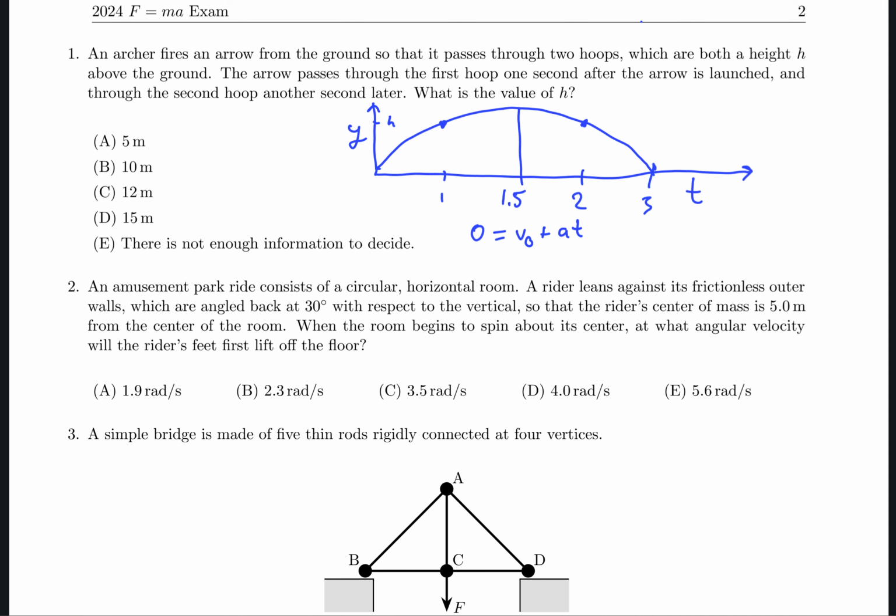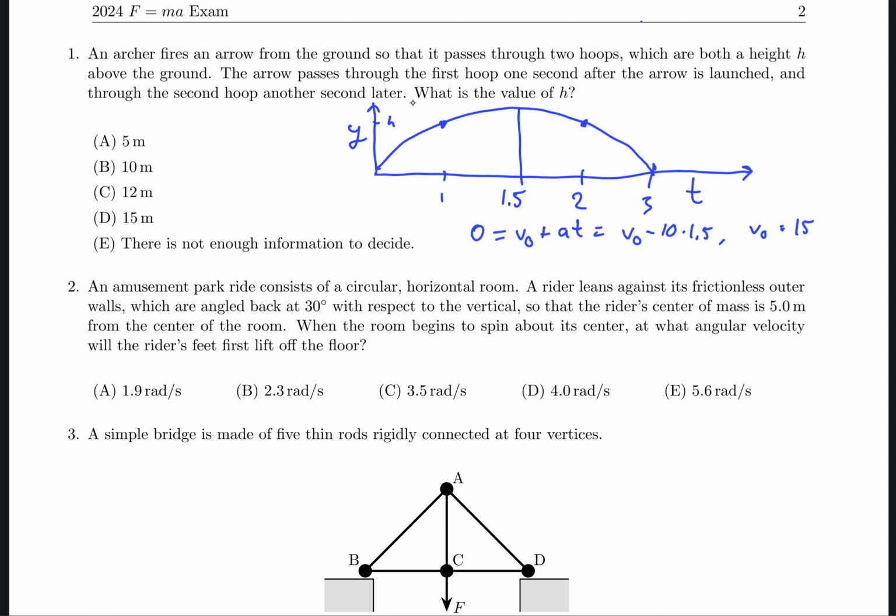Acceleration is equal to negative 10 meters per second squared, and time is equal to 1.5, so it's v naught minus 10 times 1.5. So we have v naught equals 15. And just to be clear, our v naught is all of the velocity in the y direction because the x direction doesn't actually matter.